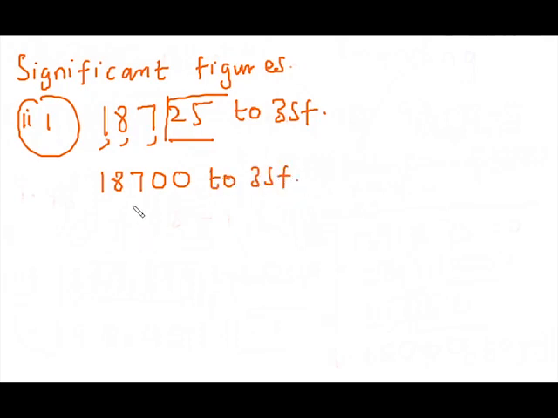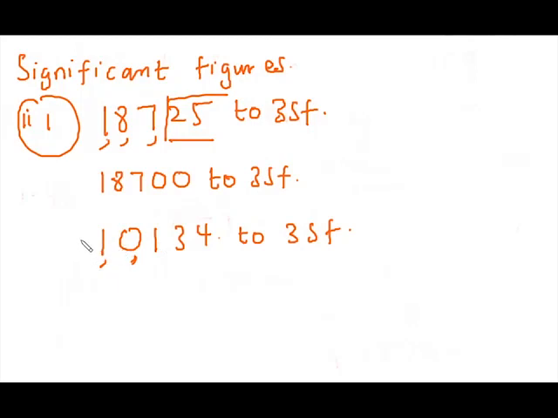Another thing I would like to add for significant figures is, say you have a number 10134 to three significant figures. In this case, we have to count the 0, because 0 happens to occur in between two numbers.